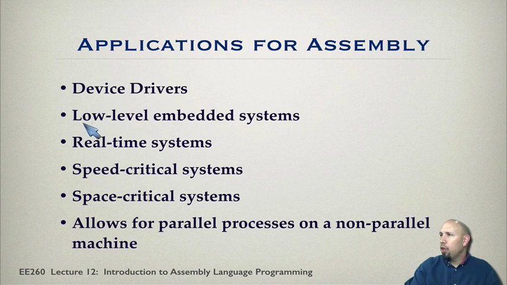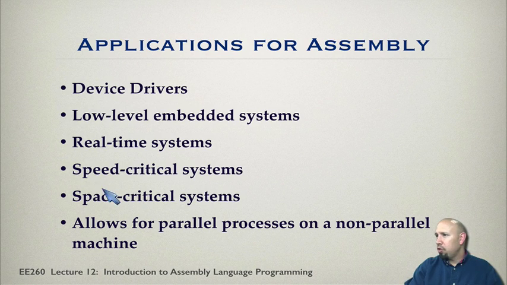It can be used for low-level embedded systems. There are lots of different applications for low-level embedded systems. It can be used for real-time systems where again it's time critical, and so you need to make sure that things happen exactly when you expect them to happen.